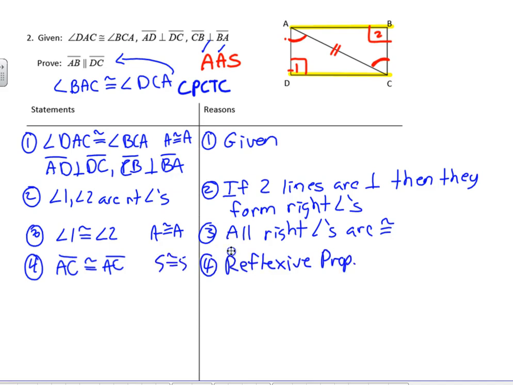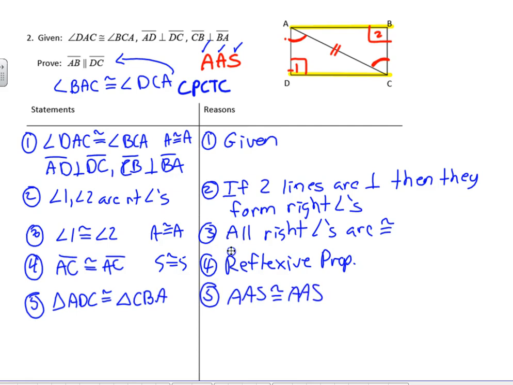All right, that allows us to say that the triangles are congruent. So I can say that triangle ADC is congruent to triangle CBA. And the reason for that is that angle side is congruent to angle side.